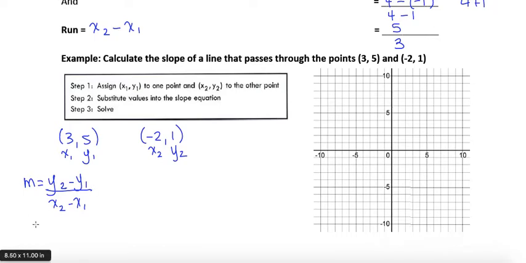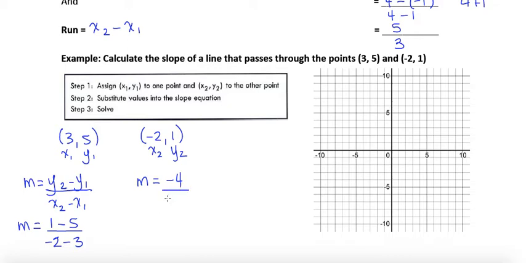So that is going to be the same as 1 take away 5 over negative 2 take away 3. So I'm going to simplify that. 1 take away 5 is negative 4. And negative 2 take away 3 is negative 5.